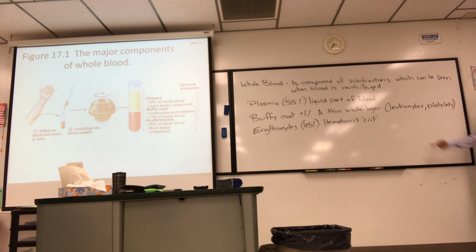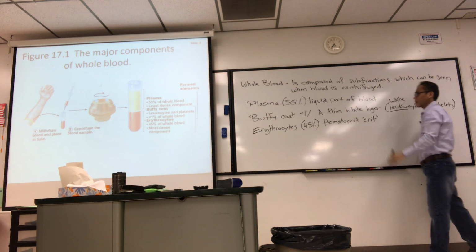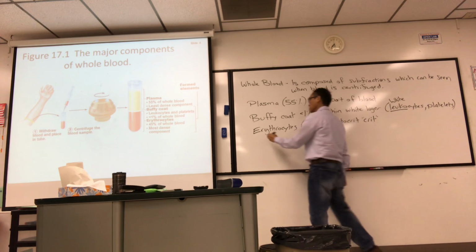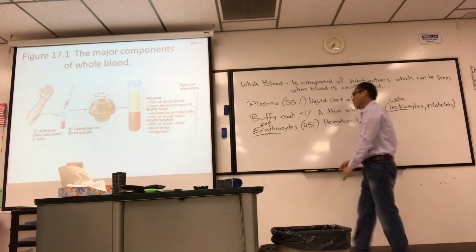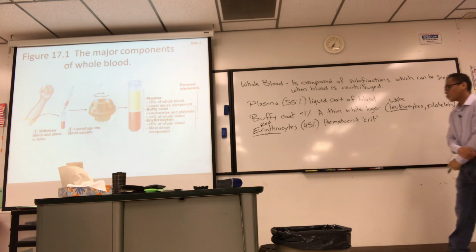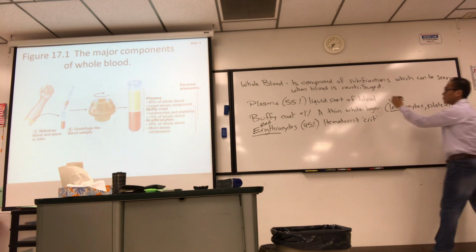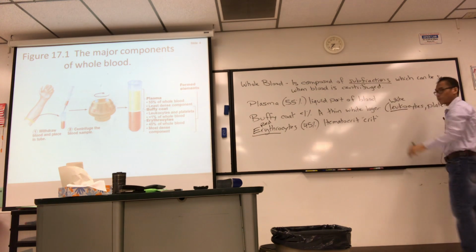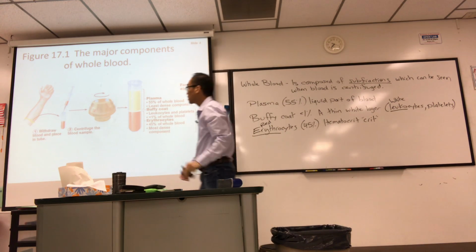Erythro means red. Leuko means white. If you haven't figured that out by now. Red blood cells, white blood cells. Well, anyways, the plasma, buffy coat, and erythrocytes, the crit, is basically what I call the subfractions of whole blood. Okay, that's what blood is.